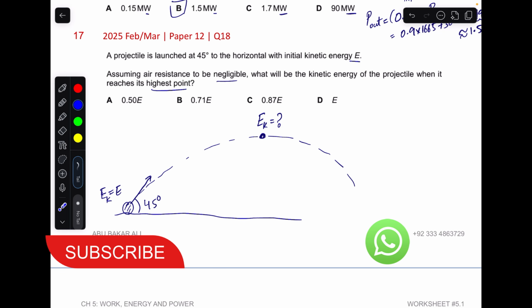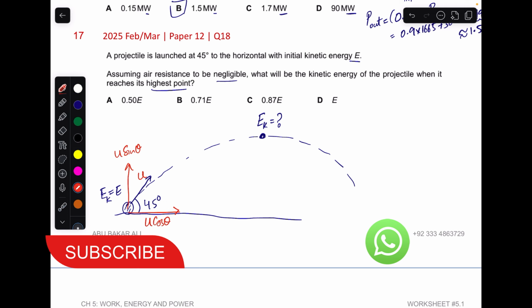So there you need to review the topic of projectile motion. If I say the initial velocity of the projectile is u, this will be its x component, u cos theta, and its y component is u sin theta. As we know, there is no force in the horizontal, so this component will remain constant throughout the journey.